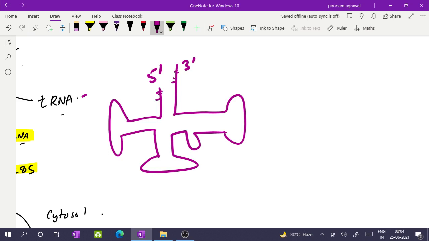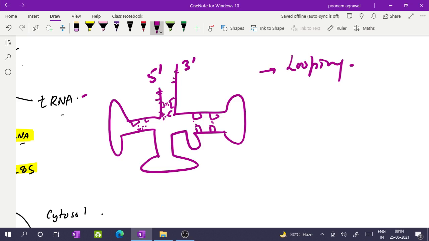Number one, there is a typical looping in the transfer RNA, which gives a stem loop appearance, and this is due to complementary base pairs in the transfer RNA, which attract each other and make hydrogen bonds between them in the stem portion, and that is responsible for the stem loop appearance of the transfer RNA.